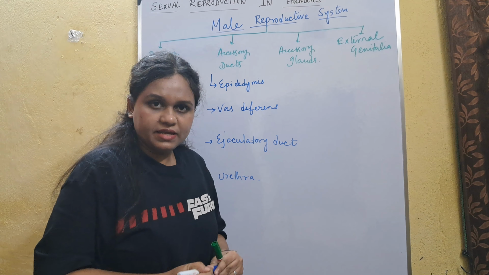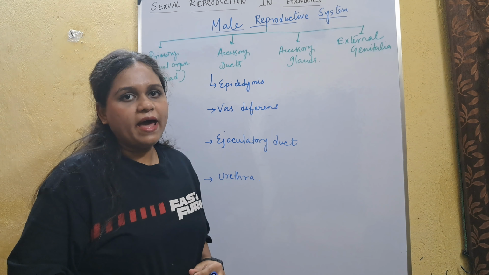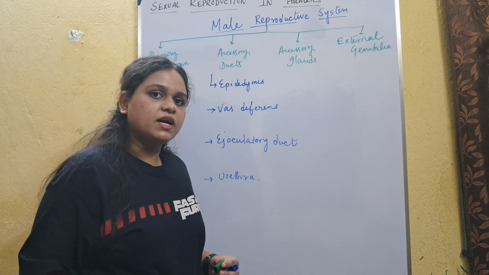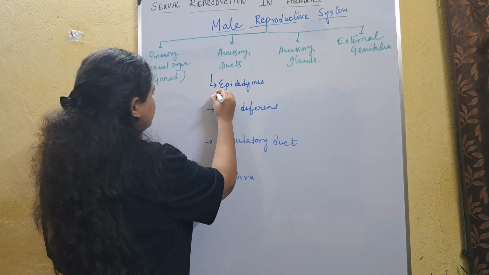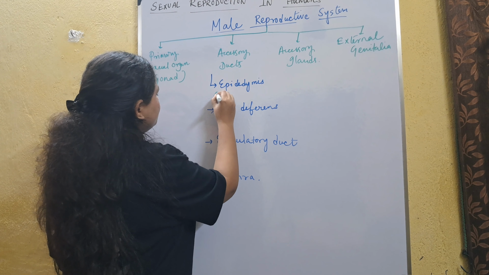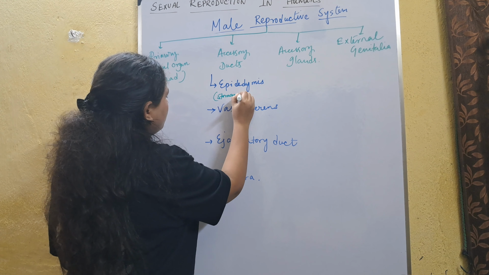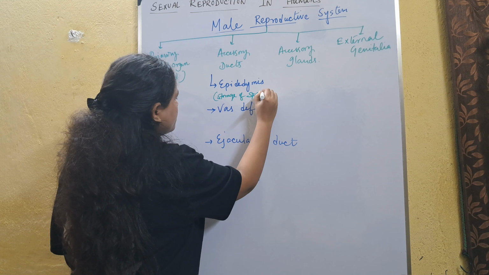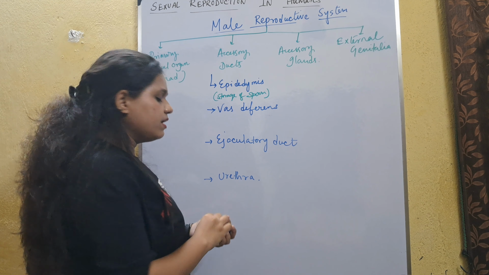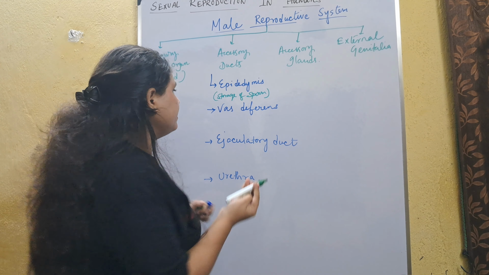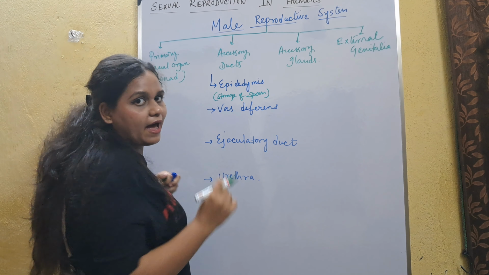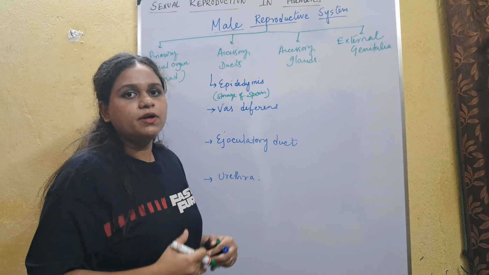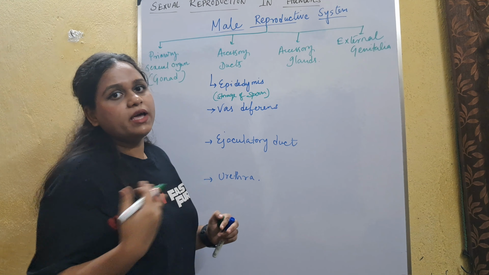Now, epididymis is the part where the sperm after production is temporarily stored. Here, storage of sperm occurs. The next one is the vas deferens. It is the canal or duct that transfers sperm from the testes to the urethra.